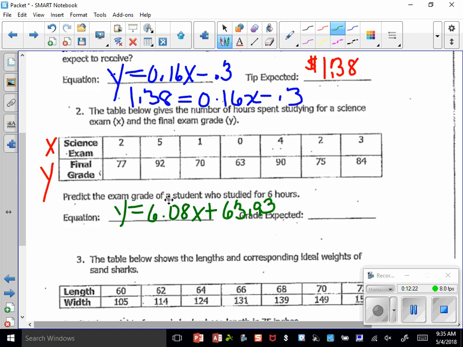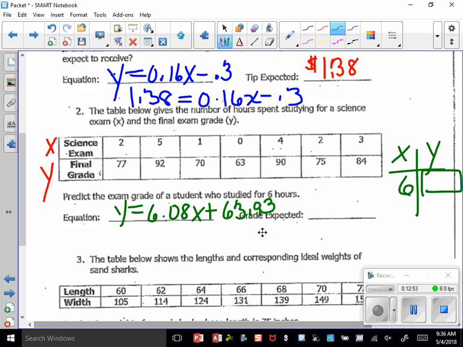Now, here it says predict the exam grade of a student who studied for 6 hours. So, 6 hours would be X or Y? X. So we're still plugging in for X right now. You can type this in, or you can go to your table where X is 6 and see what the Y value is.